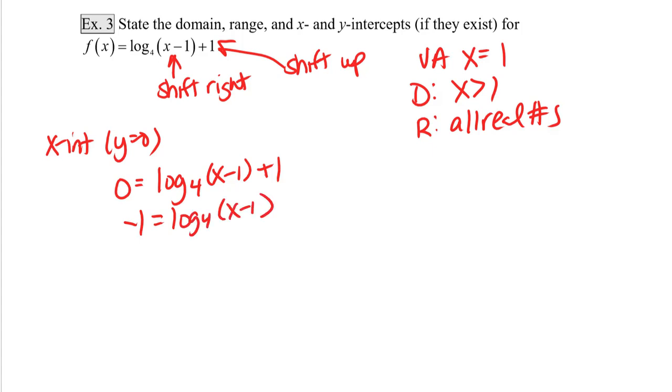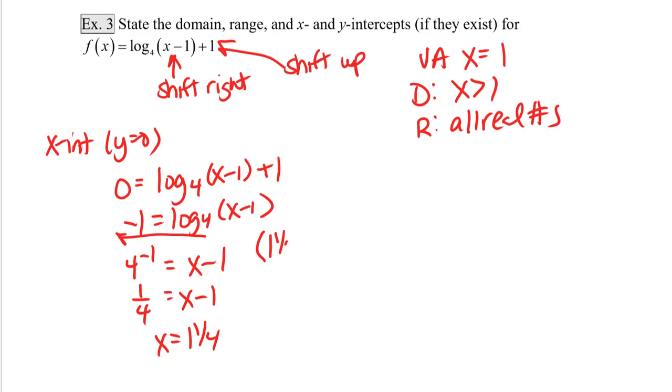Now I need to write this as an exponential equation, so I'm going to slide the base and drop the log, and I get 4 to the negative 1 is equal to x minus 1. 4 to the negative 1 is 1/4. If I add 1 to both sides, I get x is equal to 1 and 1/4. So the x-intercept is the point 1 and 1/4, 0.